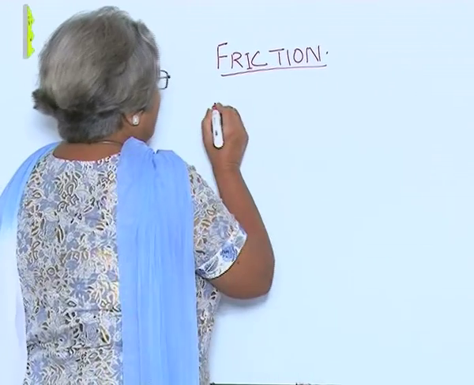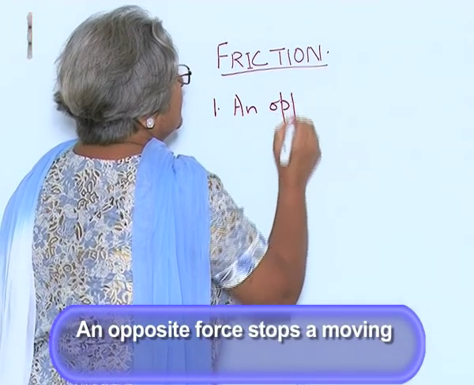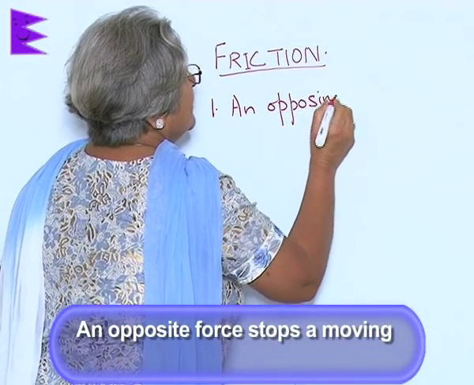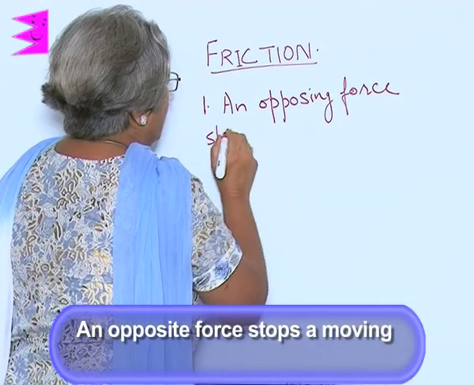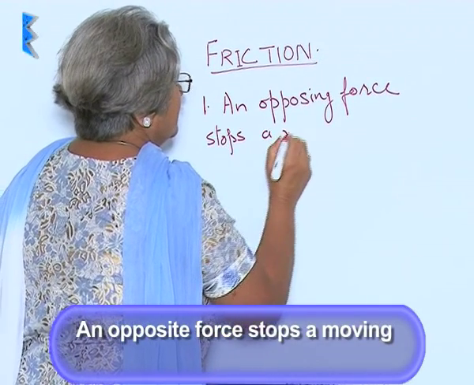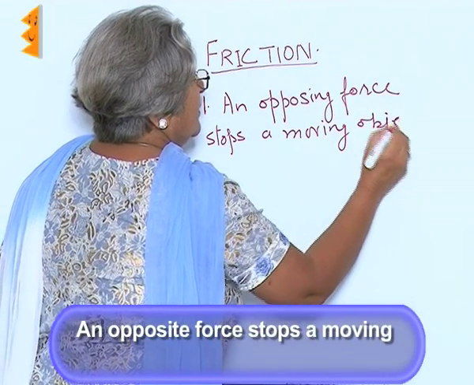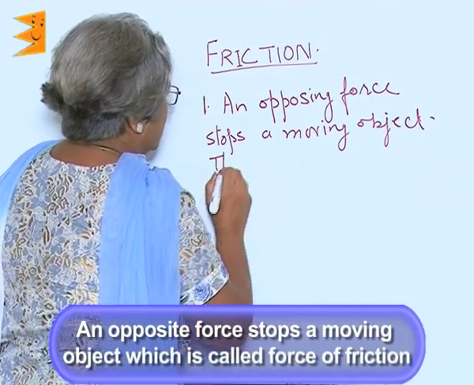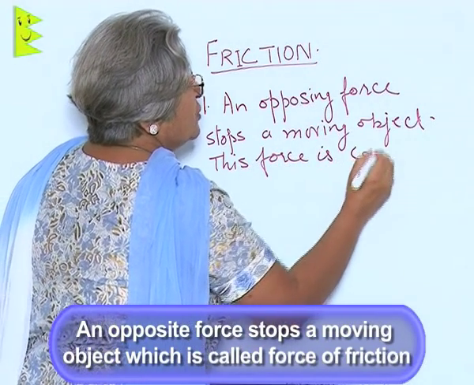First is, an opposing force stops a moving object. This force is called the force of friction.